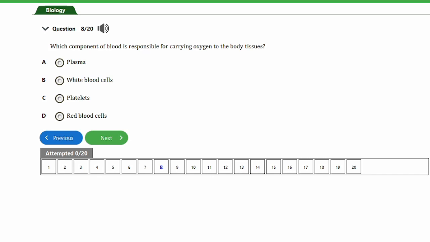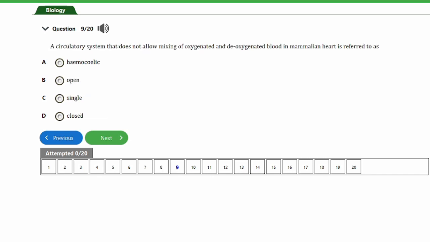So guys, the component of blood responsible for carrying oxygen to the body tissues is the red blood cells, and that's because the red blood cells have a protein called hemoglobin, and this hemoglobin binds with oxygen that comes into the lungs, and then the oxygen is carried with the help of this hemoglobin on the red blood cells and then taken to various tissues in the body. So let's consider the next question, and that's question number 9.